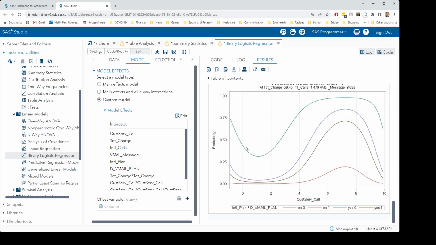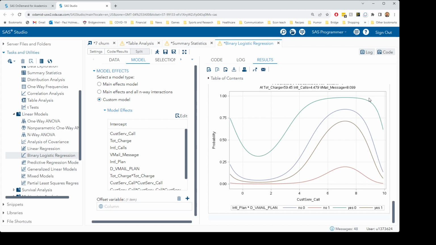So really, if we're comparing 0, 1, 2, 3 customer service calls, we've got about the same probability. But then once we hit 2, I guess it is, as we get more customer service calls, we have this higher chance of churning until it peaks at around 6, 7, 8, 9 calls, and then in theory drops off after that, but in the data we never see any more than 9 calls.